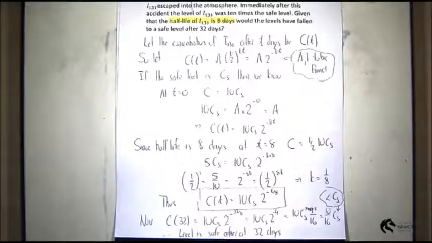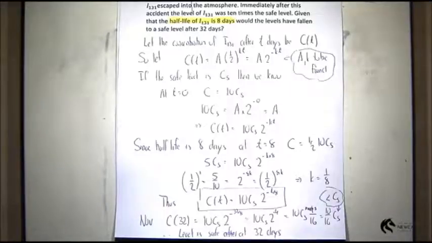So let's set up some variables. Let the amount of carbon-14 in a body after time t in years be n.